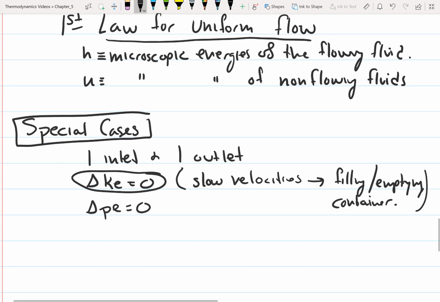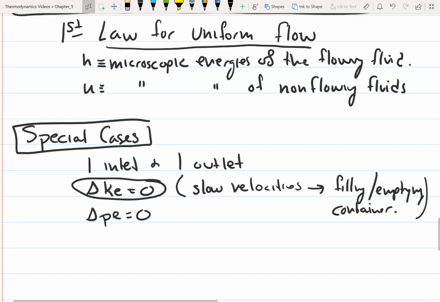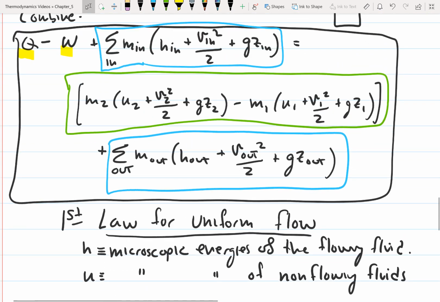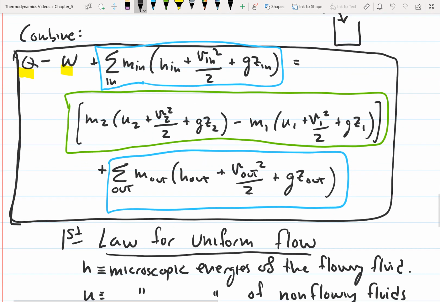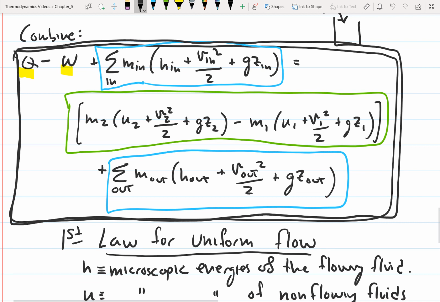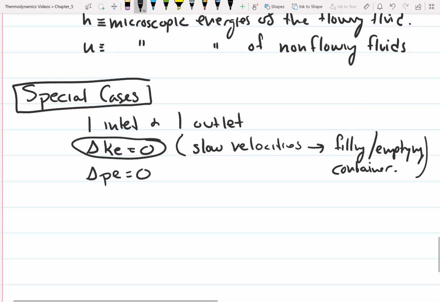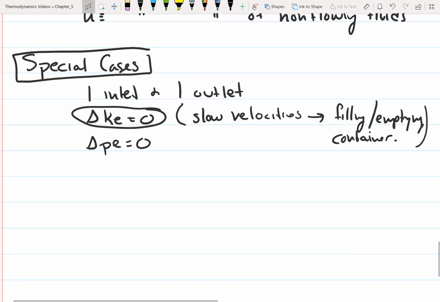And if that's the case, you just wouldn't use these special cases. You would go back to this equation and cross out all of the terms that you're assuming are 0 and leave the kinetic energy in your equation. But we're going to be taking it out.